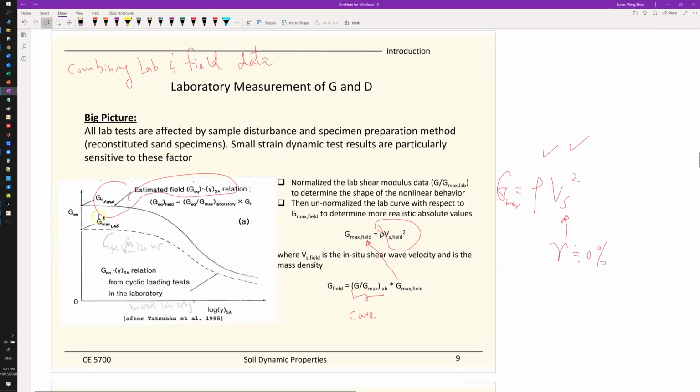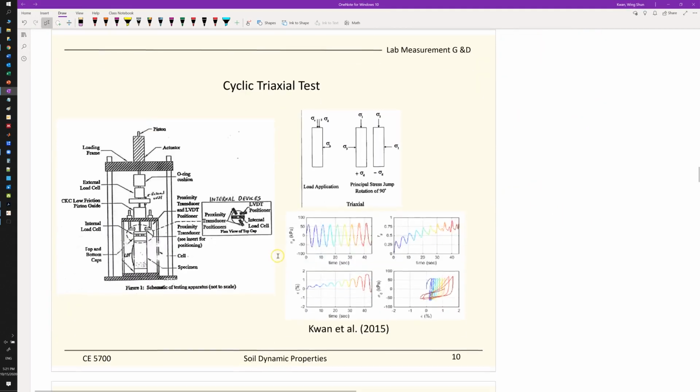But anyways, that is how we combine the field and lab data. And for those tests, we just try to touch base a little bit on the different testing procedures. First, the cyclic triaxial is supposed to be the most straightforward one.